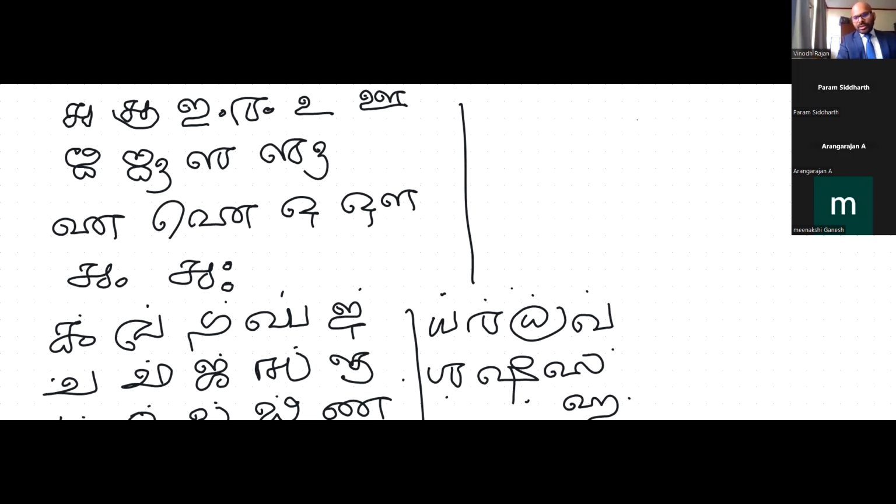right? In Tamil, usually it becomes tadu. It basically changes pronunciation because we don't have the tradition of marking which is which. But in Grantha, you can write it properly as dhatu, right?